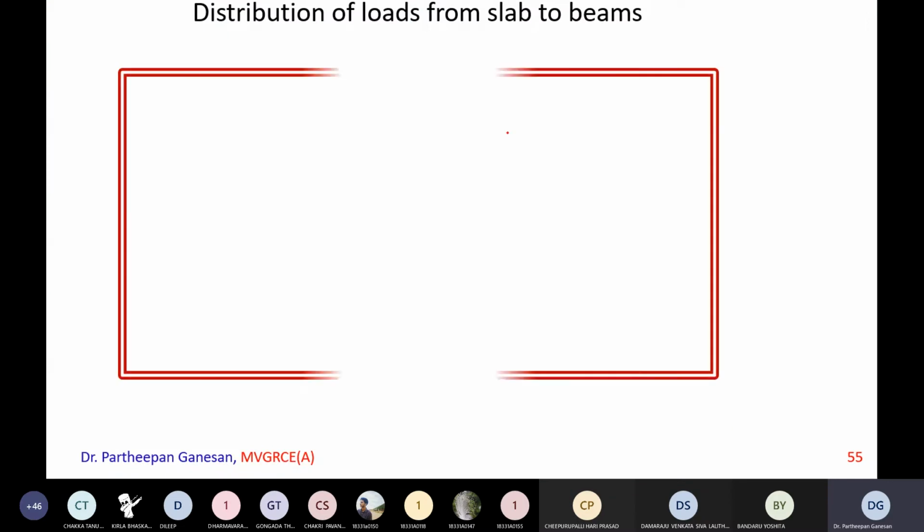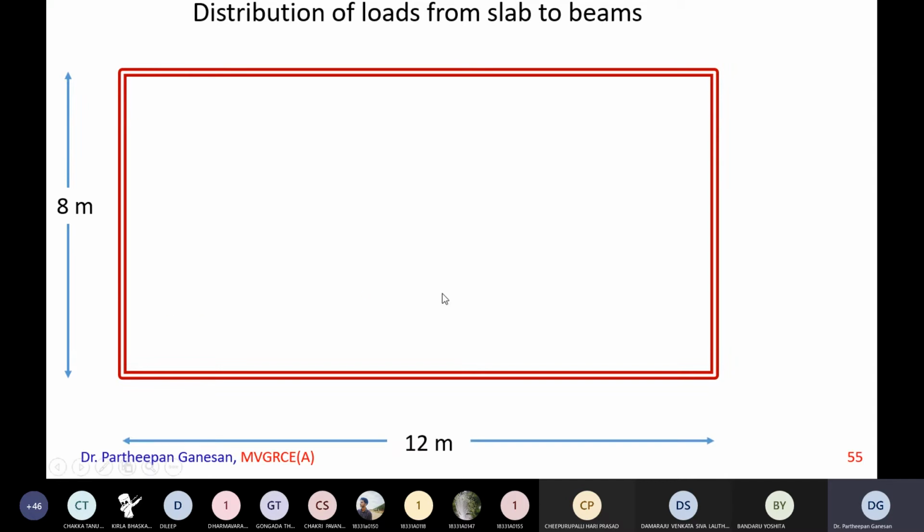Okay, so let us say this is a room. Let us say it is your classroom, where usually CE5 or CE4, whatever the number. Now let us say the room width is 8 meter and the room length is 12 meters. Now let us say these are the beams there.